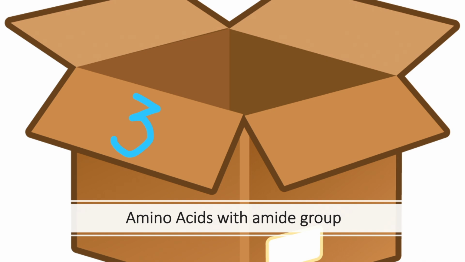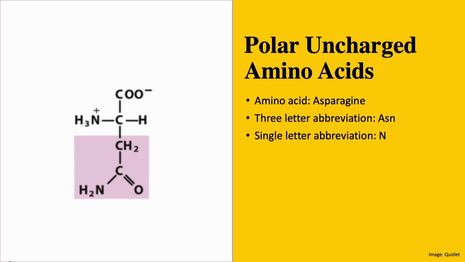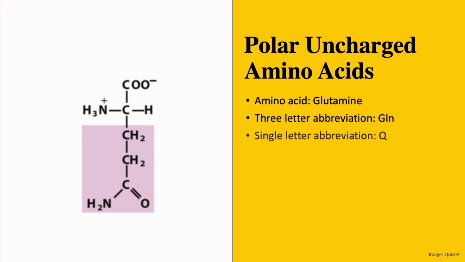So it's kind of easy to identify them. Essentially, you only need to be able to differentiate between the 2 amino acids that contain the amide groups. So let's look at asparagine and glutamine, which fall under this category. This is asparagine, and this is glutamine.